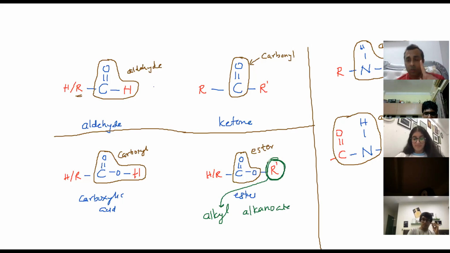That will give you the first word. And all the other carbon atoms, including this functional group का carbon atom, this is alkanoate. So this alk is decided by the rest of the carbon atoms, and the other alk is decided by the alkyl part.